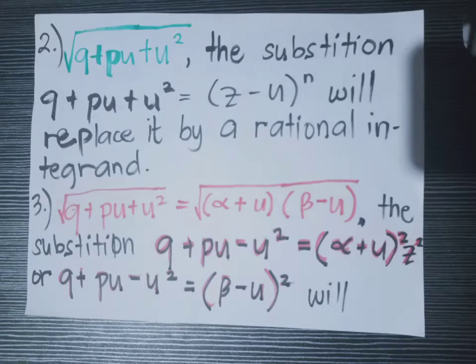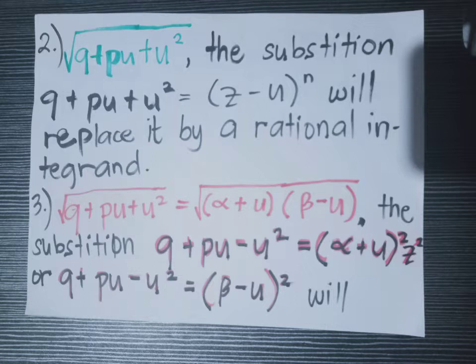Next, square root of q plus pu plus u squared. The substitution q plus pu plus u squared equals quantity z minus u raised to n will replace it by a rational integrand.